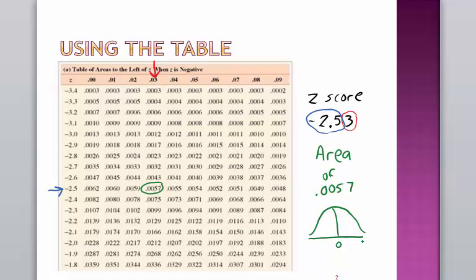You'll have positive numbers on the right and negative numbers on the left. And we will shade to the left of that z-score. And so this table gives us the area of that shaded region. It gives you the area to the left of the number that you look up.